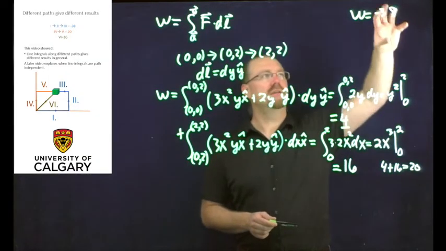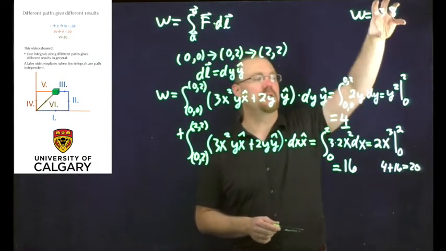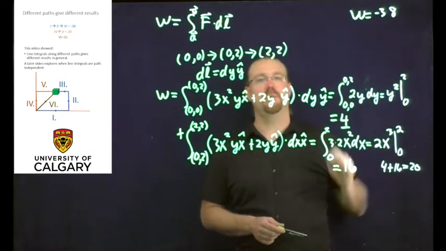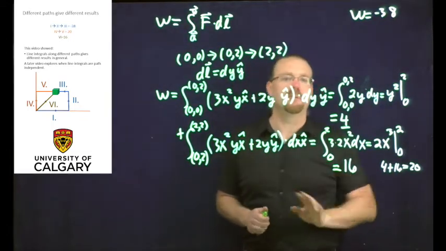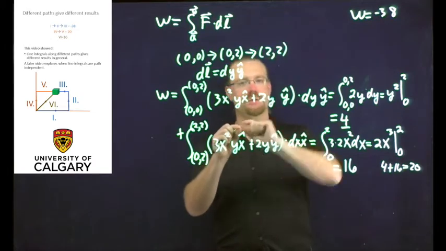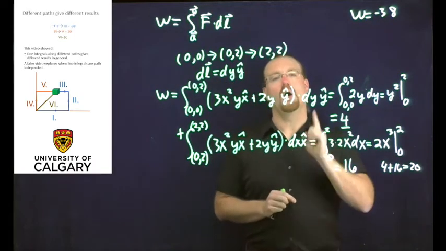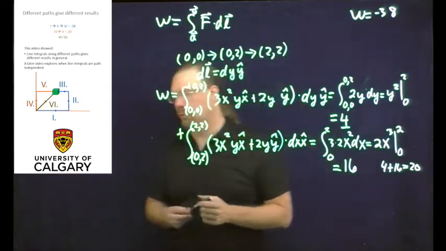We've already seen that if we go along this path, it's minus 38, and if we go along this path, it's 20. So we've already seen that it's different. But let's take one more path, going straight from 0, 0 up to the point 2, 2, along the line y equals x.